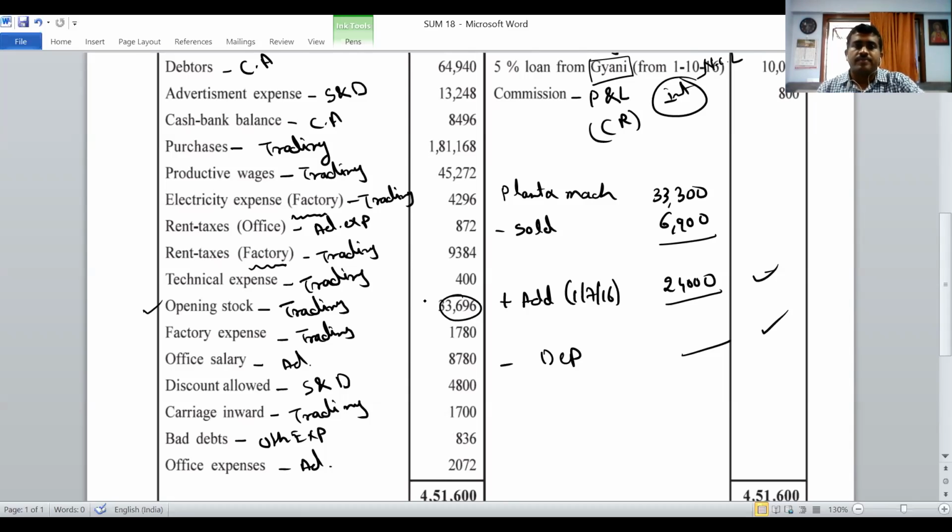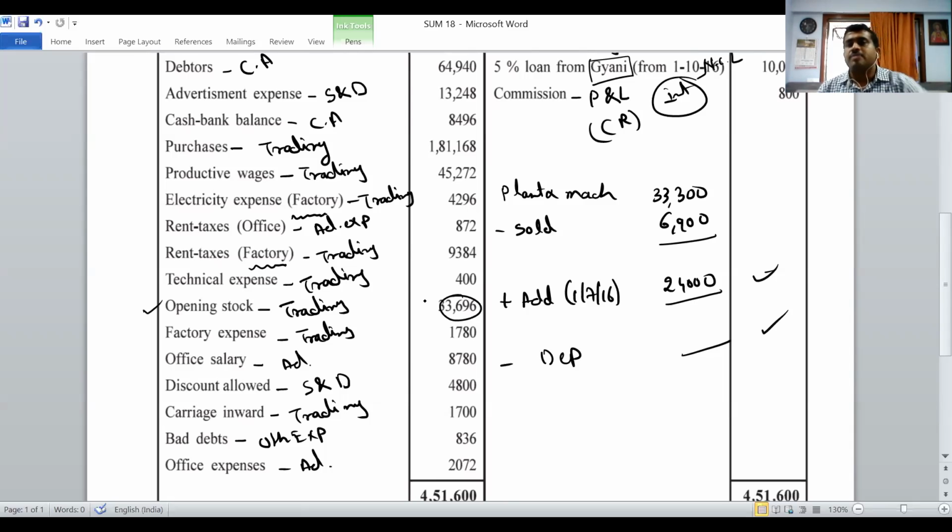Opening stock we have done. Factory expense, trading, 1780. Office salary, administrative, 8780. Discount allowed, sales and distribution, 4800. Carriage inward, trading. Bad debt, other expenses.